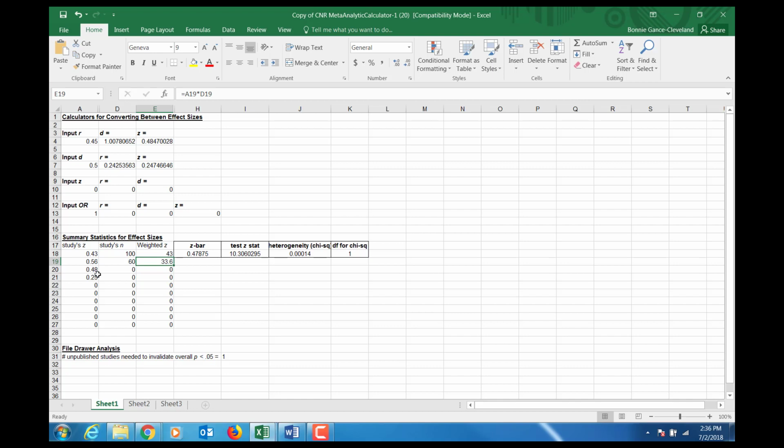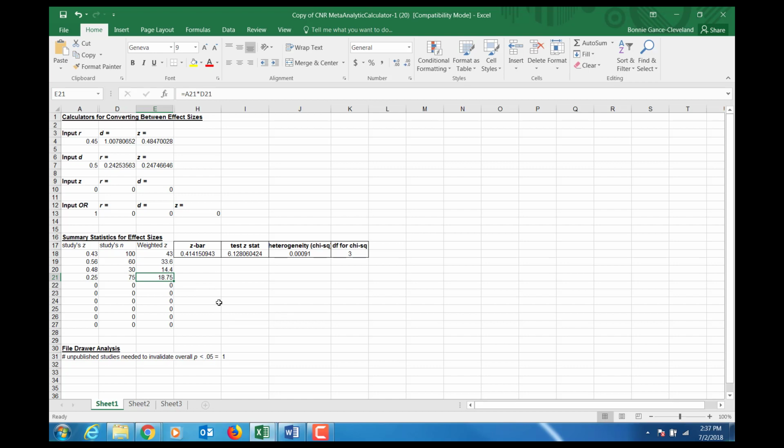In our third study, we had an effect size of 0.48, and the sample size was 30. So this was a small sample, and when we calculate the weighted Z, we get 14.4. And then the final study had the effect size of 0.25 and a sample size of 75, and the weighted Z would be 18.75.